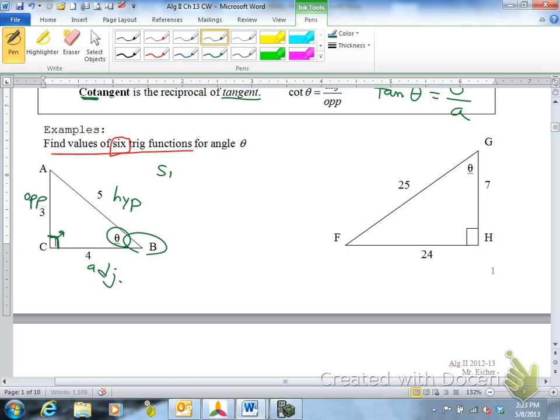Then you can state sine theta, cosine theta, tangent theta. Sine theta is opposite over hypotenuse, which is 3 over 5. Cosine theta is adjacent over hypotenuse, which is 4 over 5. And tangent theta is opposite over adjacent, 3 over 4.